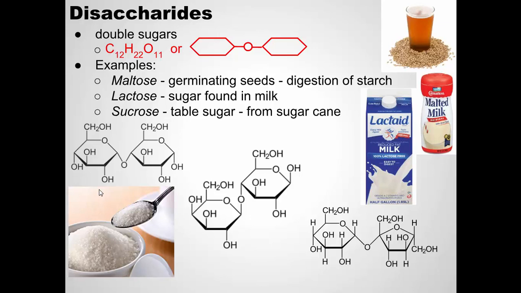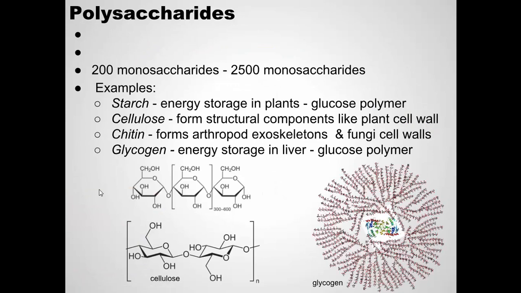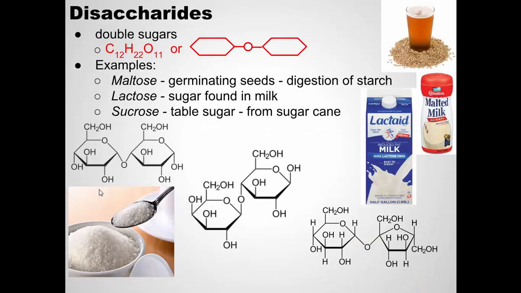So there's two monosaccharides in the disaccharide sugar. Yes? Wait, why isn't it O12 and O11? Why isn't it double of the monosaccharide? Yeah, that's a good question. Because when you join them together, you lose something.